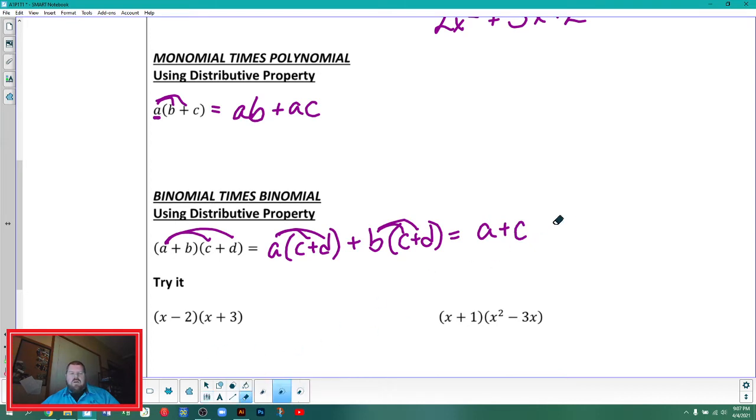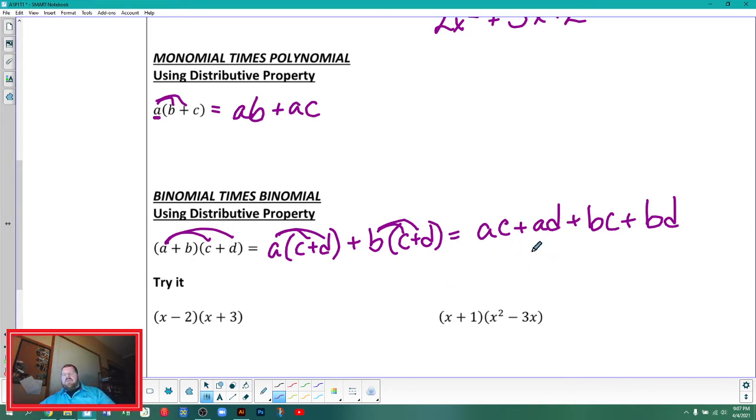A times C plus A times D, and then B times C and B times D. Then if I had to, I would combine any like terms. I just don't have any in this, but that's what it's going to turn into.